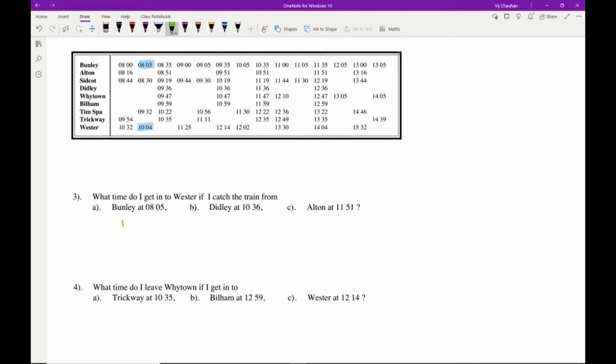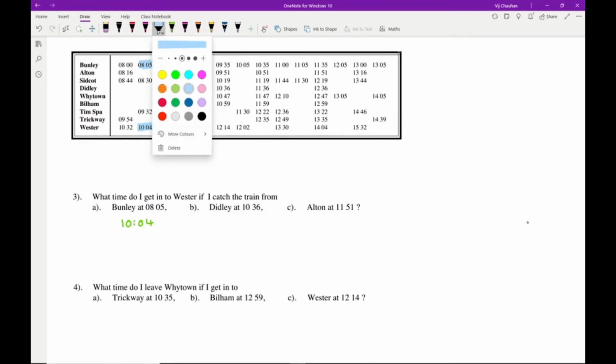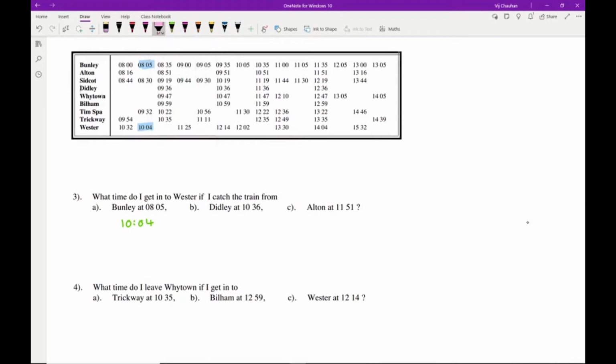So the answer to this one is 10:04. For the Diddley 10:36 train, well, I find Diddley, which is here, and looking for the 10:36 train, which is this one here, and that gets to Wester at 12:14.